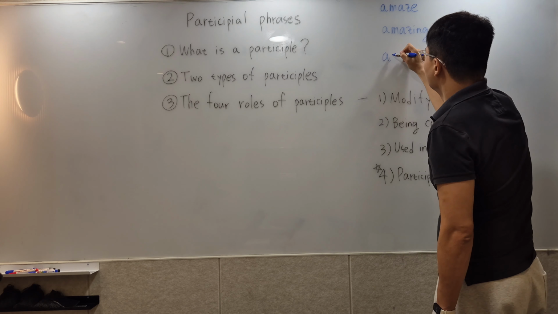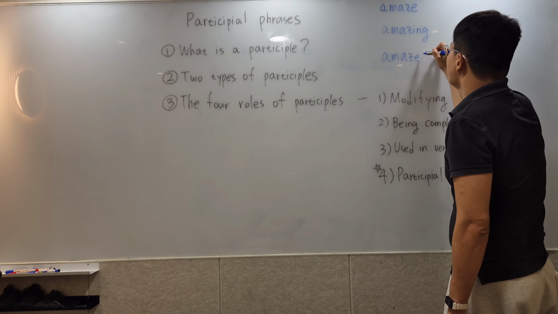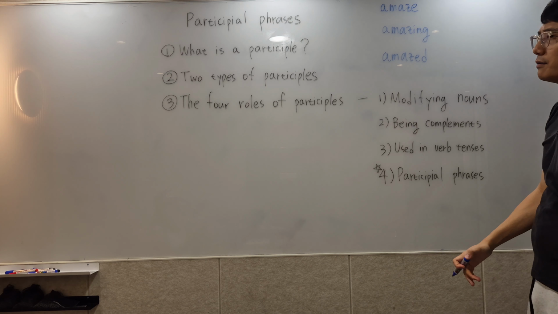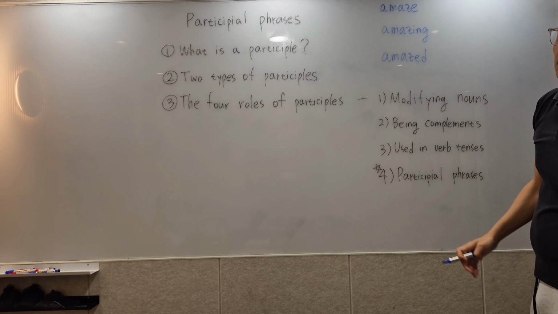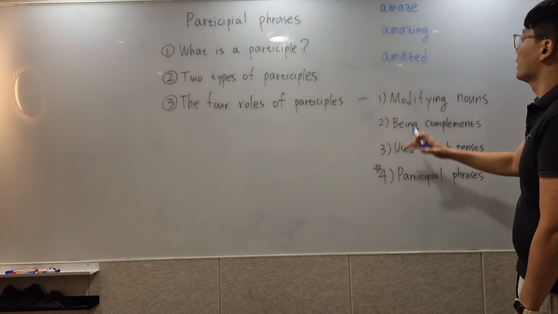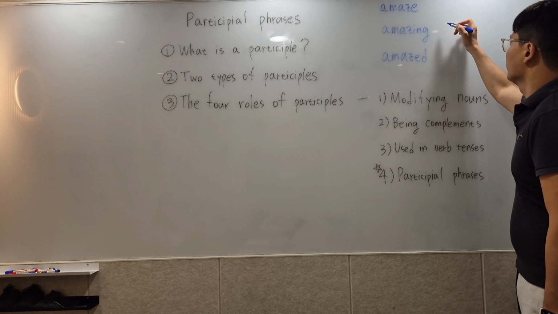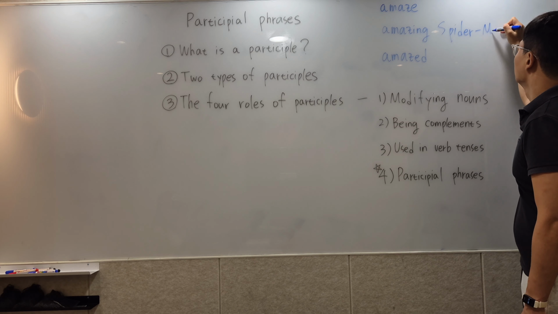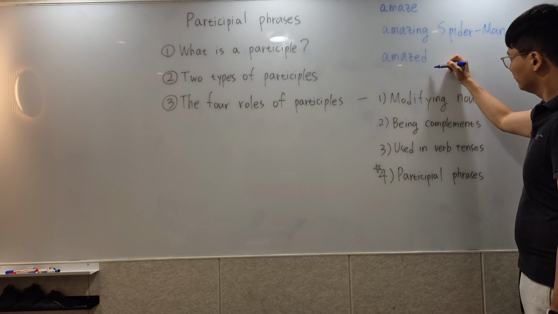And amazed is the past participle of amaze, right? So, okay, also think of this sentence like amazing Spider-Man. Let's use capital letter because Spider-Man is special, it's one and only.